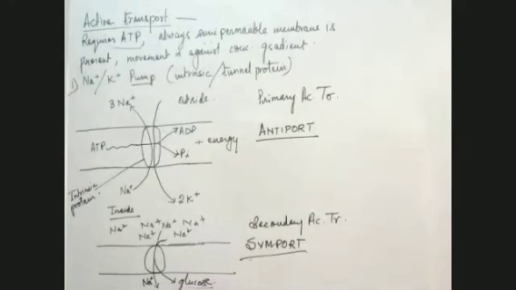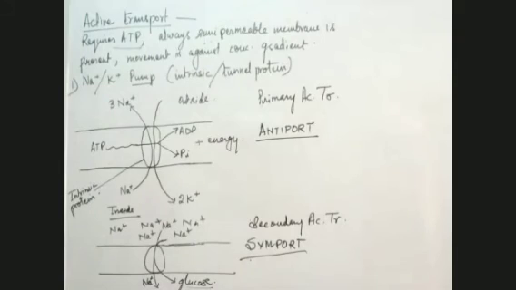Okay, so this was the sodium potassium pump, which shows active transport. Now I'll tell you one more pump, but first I'll tell you the applications, where you can see the sodium potassium pump.